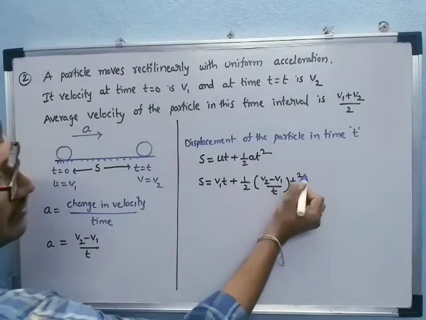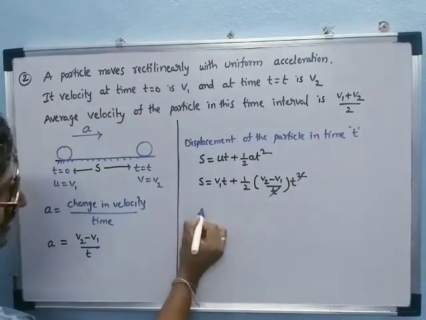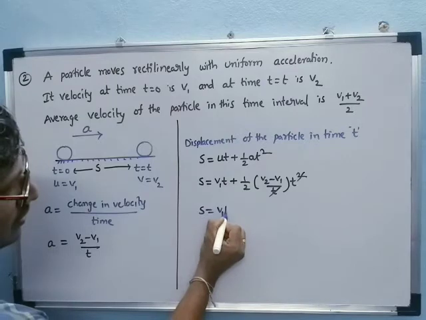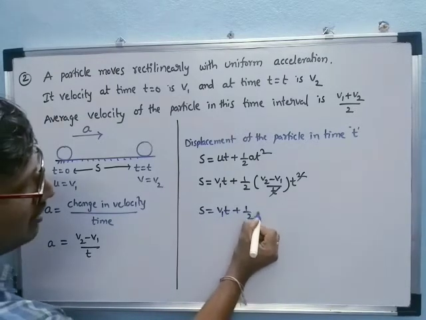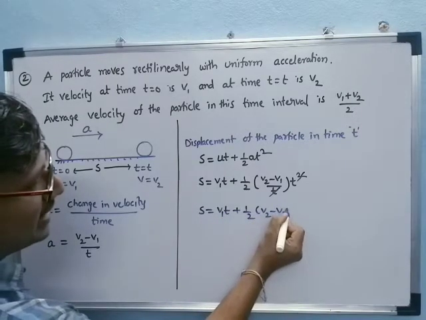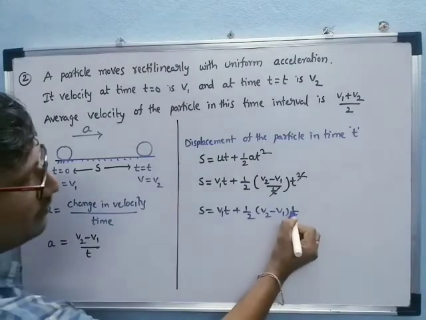Now this t and this t get cancelled. This displacement s is equal to v1 t plus half into (v2 minus v1) into t.